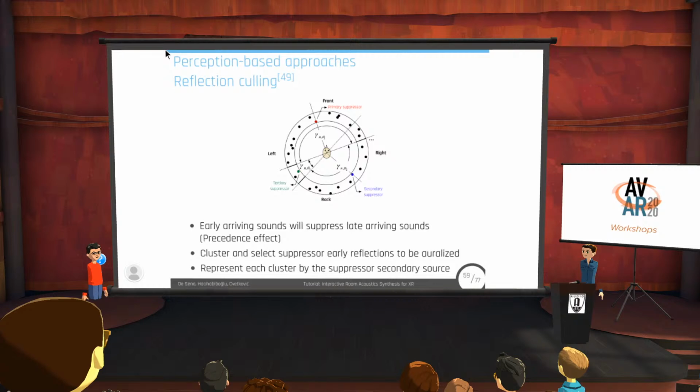Another approach to reducing the computational cost is culling reflections that will be suppressed and rendered largely inaudible due to the precedence effect, or simply due to their levels, for instance. Image sources that represent reflections can be clustered in time, and depending on directions, they can be clustered further.